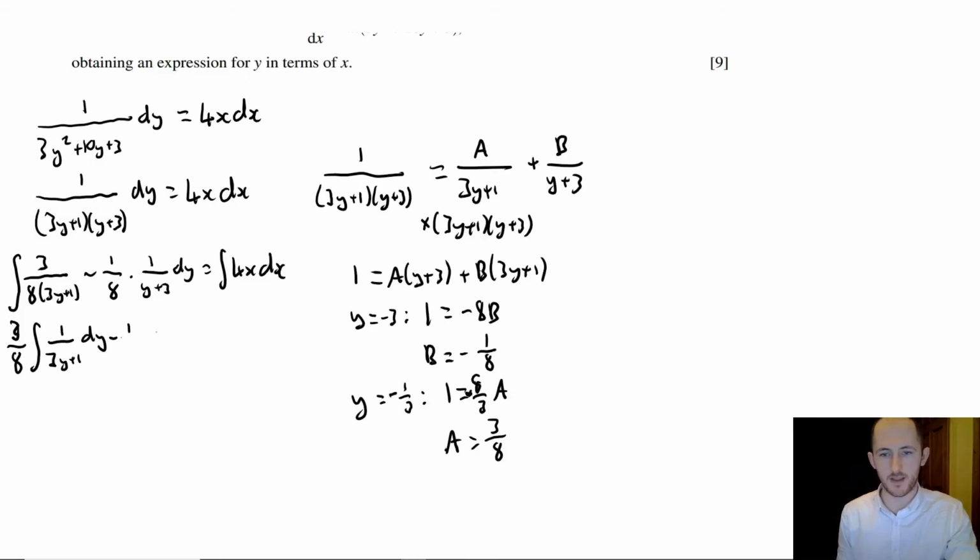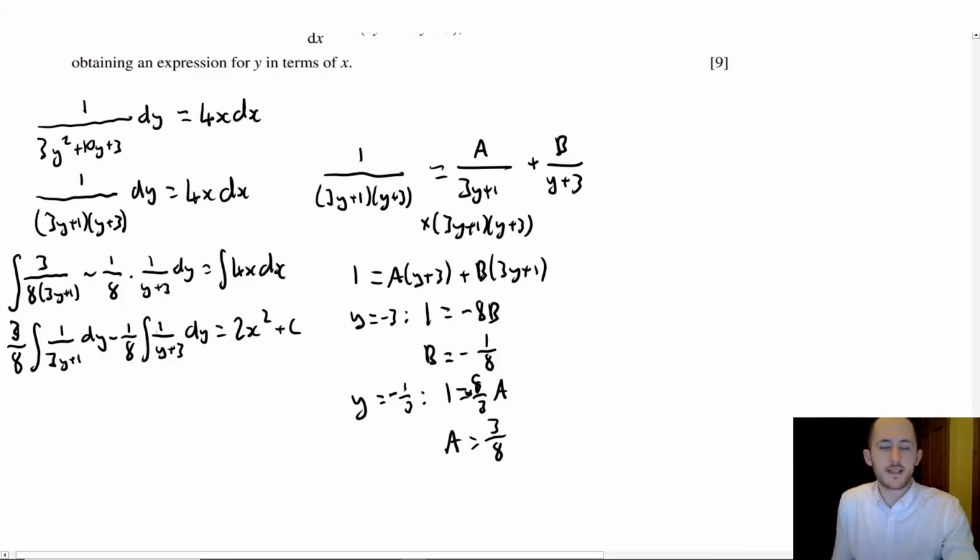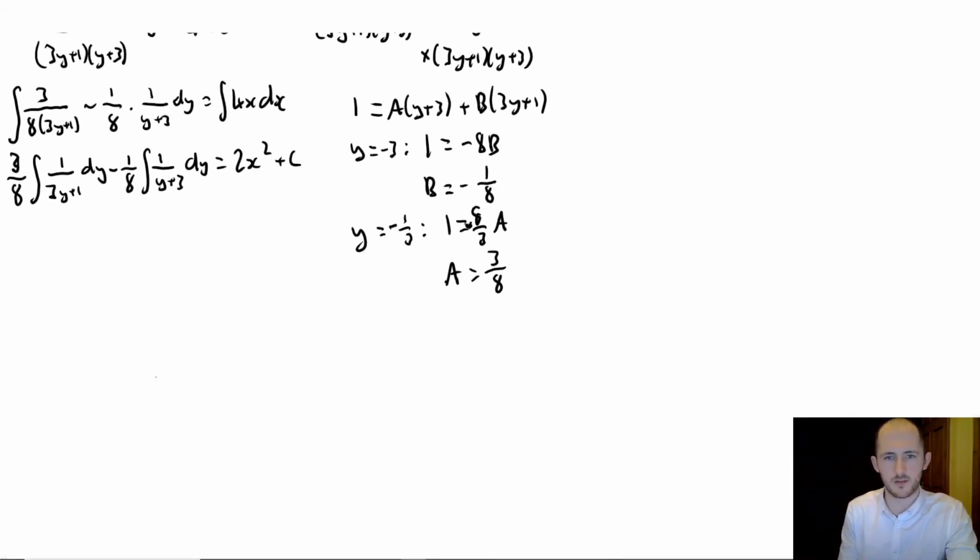Then minus 1 over 8, 1 over y plus 3, dy, equals 4x squared over 2, so it'll be 2x squared plus c, right? That gives me the same result as doing the whole thing in one line. So I'll do it this way just to make sure you get it.